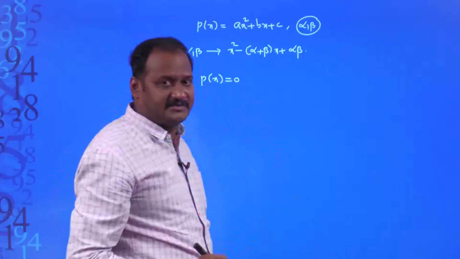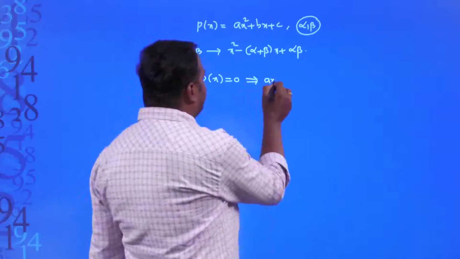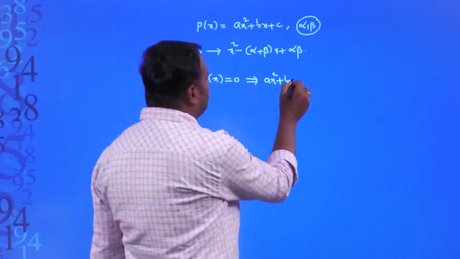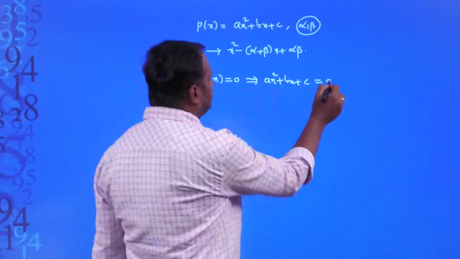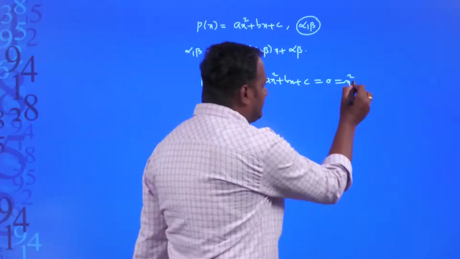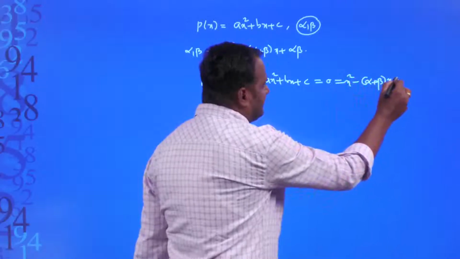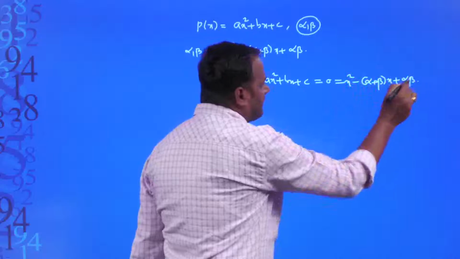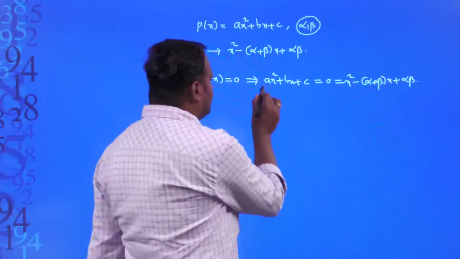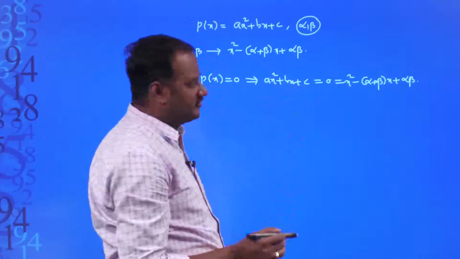When I equate p of x with 0, then it would be ax square plus bx plus c is equal to 0. In fact, this is same as x square minus of alpha plus beta times x plus alpha into beta. Now I am going to take one a common, otherwise dividing every single term by a. Both are same.